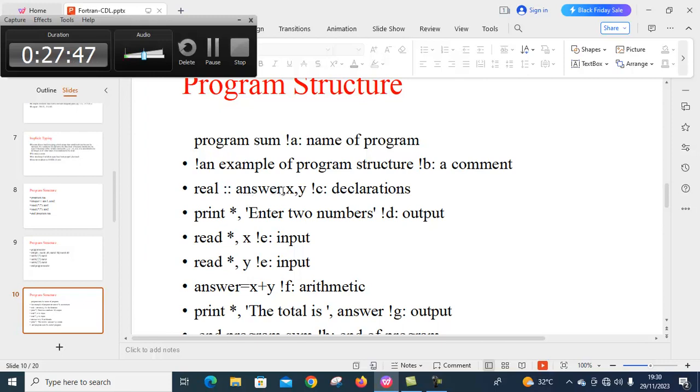The answer, comma, X, Y. This is what? Declarations. The next one is print. That is, you use it to print your value, your output. Just like write.